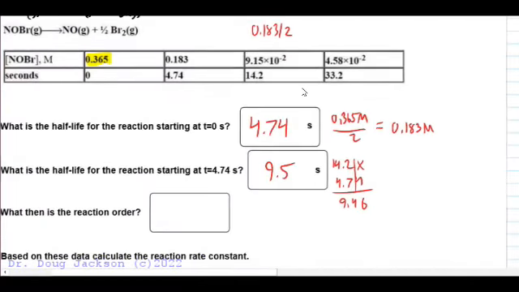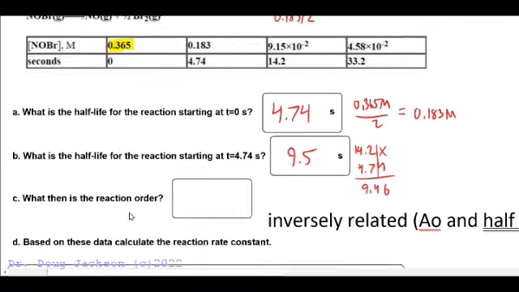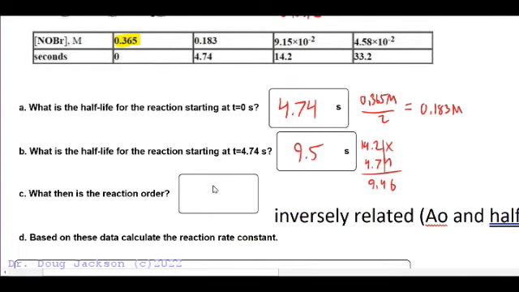As concentration is being cut in half, we are doubling the time it takes, and so we can say that there's an inverse relationship between the initial concentration and the half-life. And so that's a second order reaction. So we just come in here and say 2, or second order, for our reaction order.